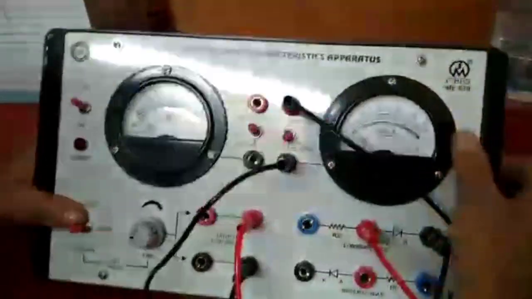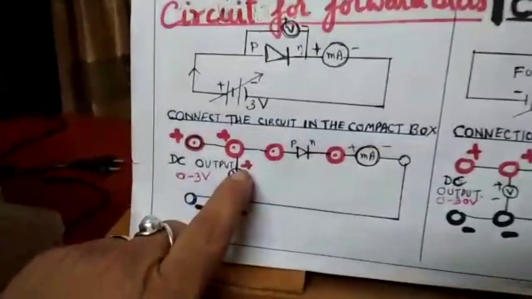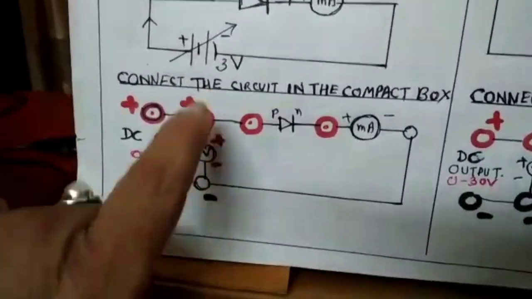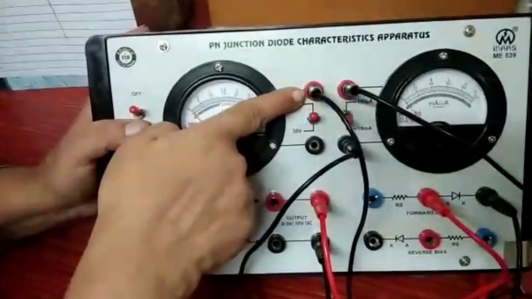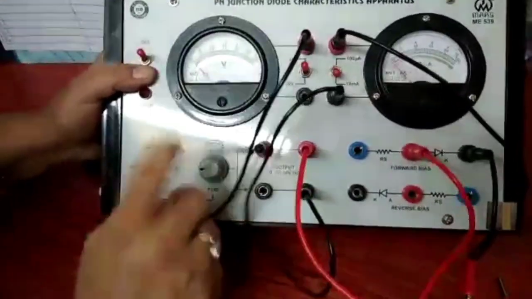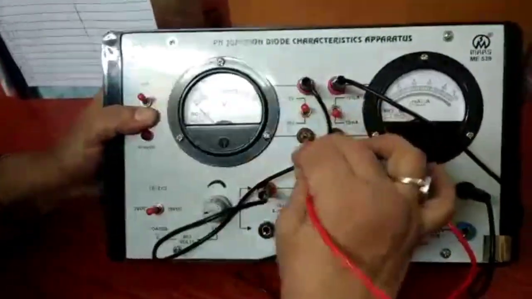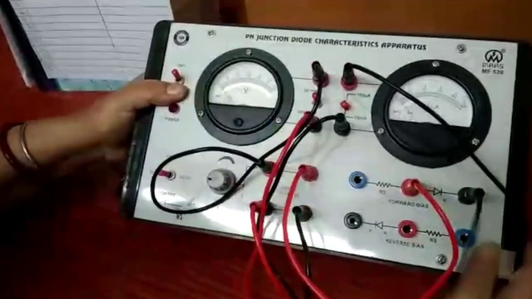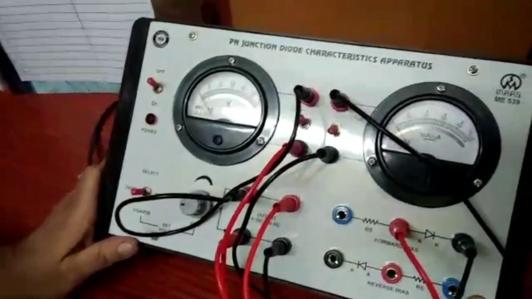Now here the voltmeter positive is connected to the positive of the battery, and negative to negative, because this is connected in parallel. The red one, the positive of the voltmeter, is connected to the positive of the battery, and the negative of the voltmeter is connected to the negative of the battery. The circuit is complete.